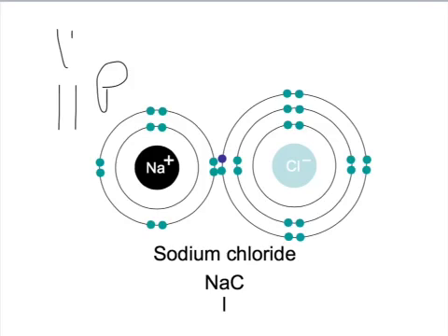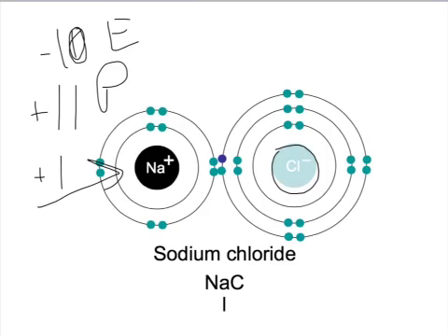Now with 10 electrons. So there's one more positive proton than there is negative electron, netting an additional 1 proton, making this particular sodium ion positively charged.